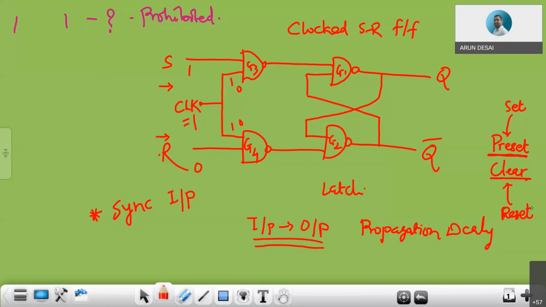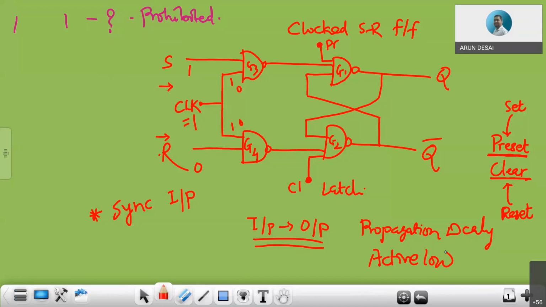This is the preset input and this is the clear input. The bubble at the end of those wires shows that those inputs are active low. Active low means if you pass zero, at that moment only it will reset or set the output.